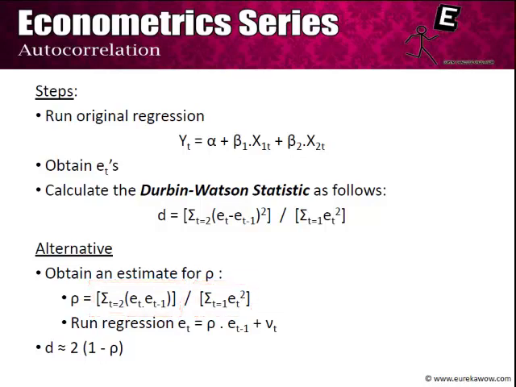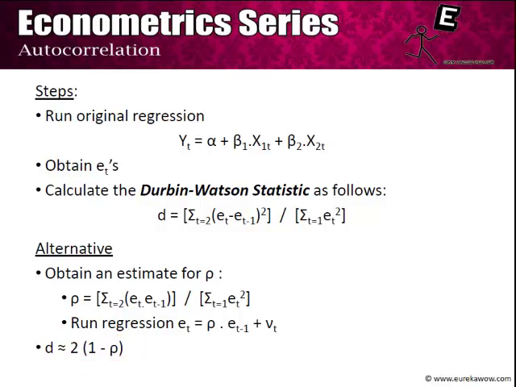Another way of obtaining rho is to run the actual regression as et equal to rho into et minus 1 plus nu t. Remember that since we are taking et as proxy for sigma t, the rho that we get in this case can be called rho hat, or a proxy for the actual rho. From an estimate of this rho, we can then obtain d, which is given by d approximately equal to 2 into 1 minus rho.